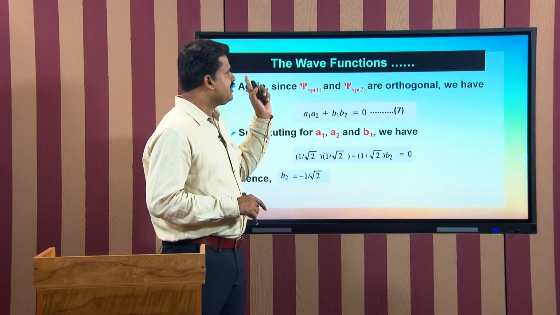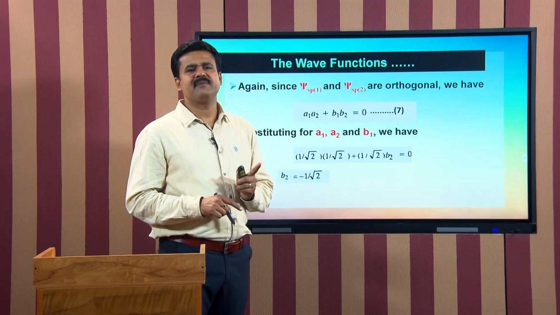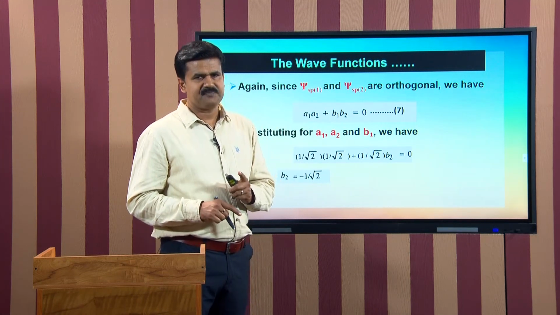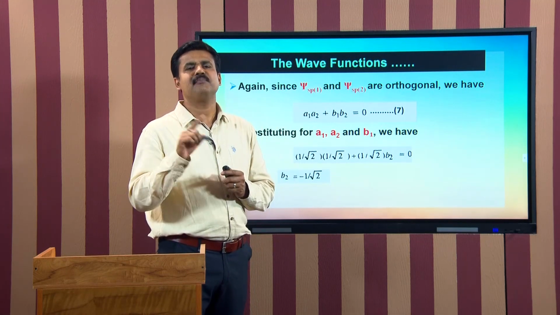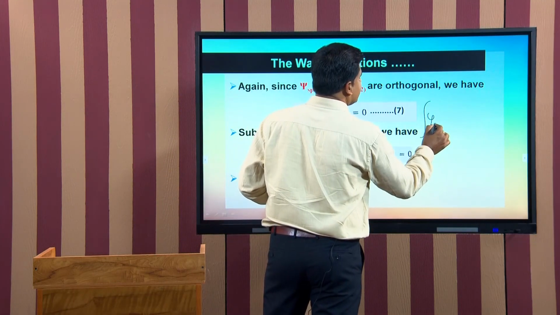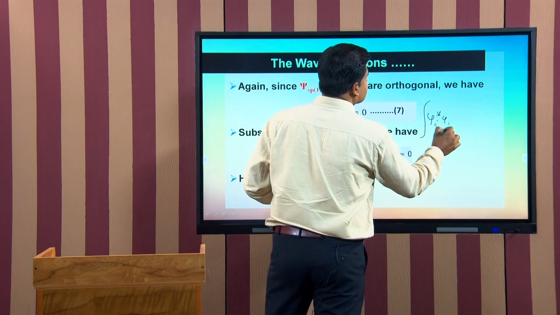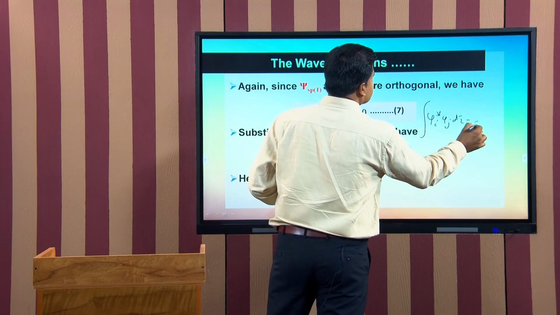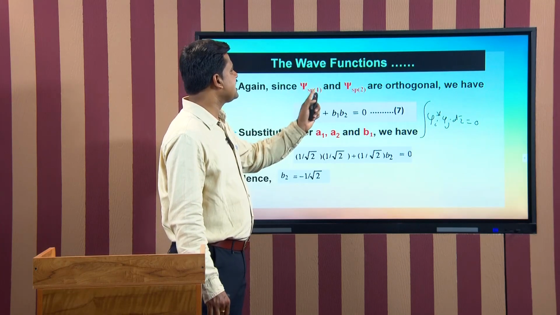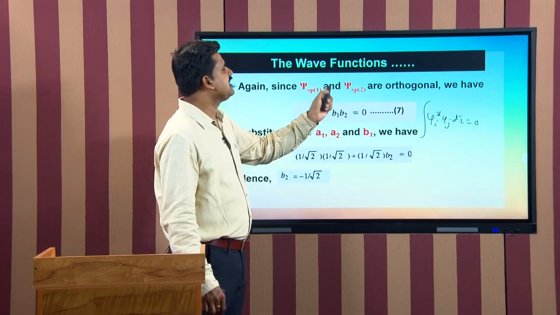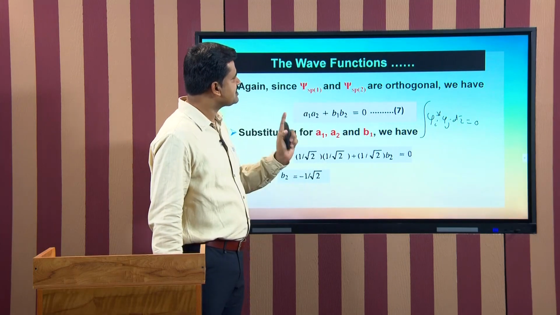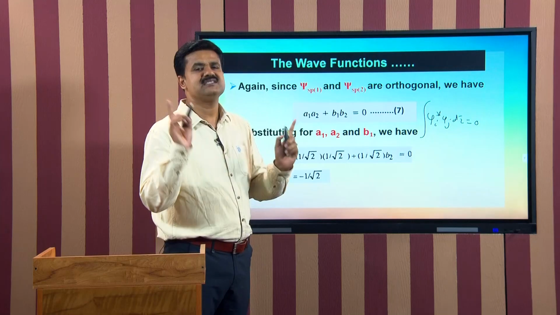Moreover, the two sp hybrid orbital wave functions are psi sp1 and psi sp2. These two wave functions are mutually orthogonal. We know about the condition for orthogonality: integral psi i star psi j d tau will be 0. This is the condition for orthogonality. So if I am taking psi sp1 as psi i and psi sp2 as psi j, then integral psi sp1 star psi sp2 d tau must be 0.